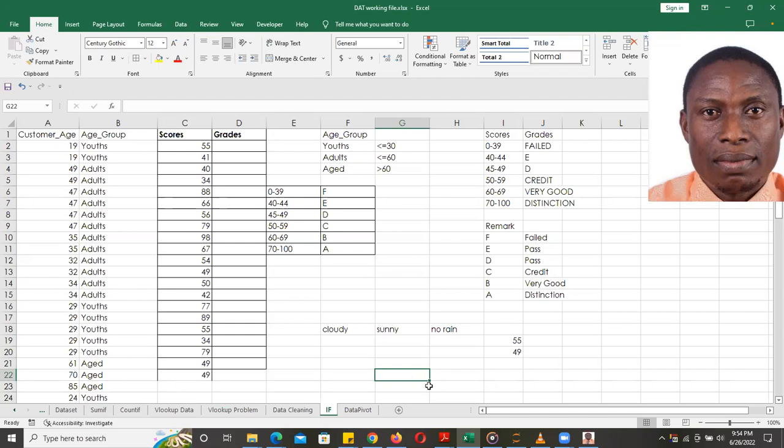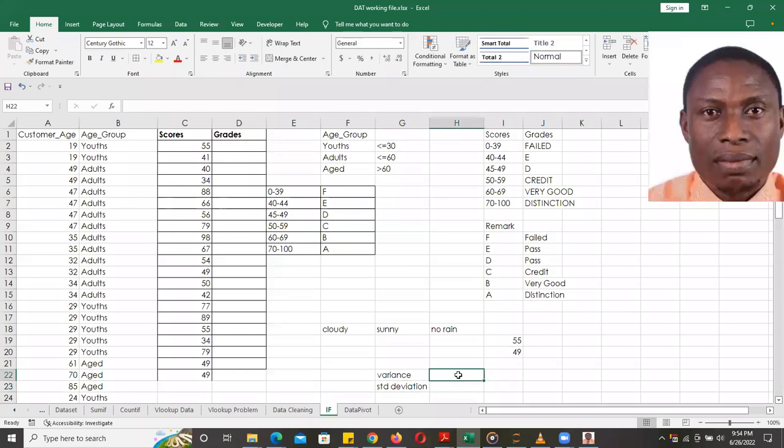All right, so we have variance. We have standard deviation. Like we all know, standard deviation is the square root of variance, for some of us that did basic statistics.